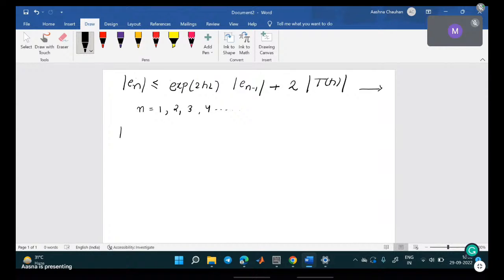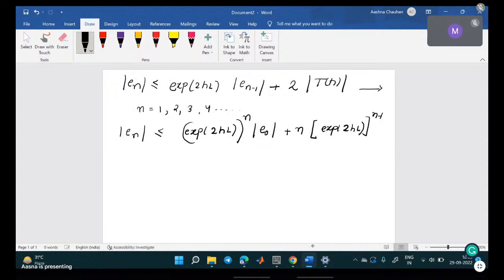And then this whole equation is converted into a particular form that En is less than or equal to exponential of 2hl whole power n modulus of E naught plus n times of exponential of 2hl whole power n minus 1 into twice of mod of th.